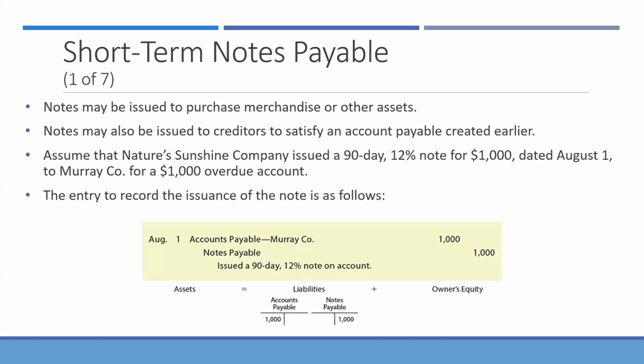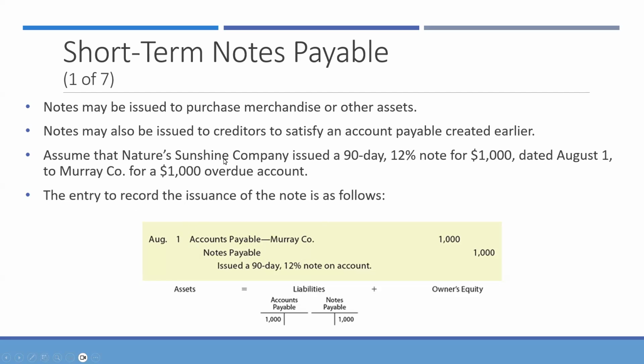And we can also, similar to companies issuing a notes receivable for accounts receivable that become late, this is the journal entry on the accounts payable side, the company that purchased the inventory. And they're converting their accounts payable into notes payable, which is a 90-day 12% note on account.